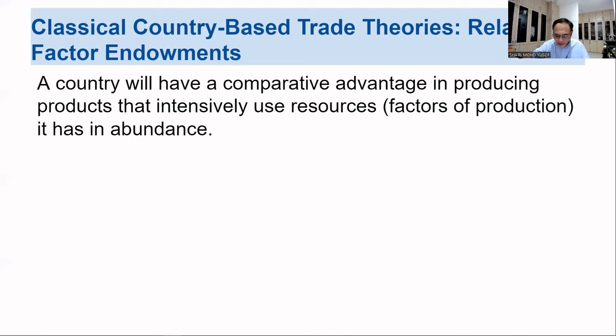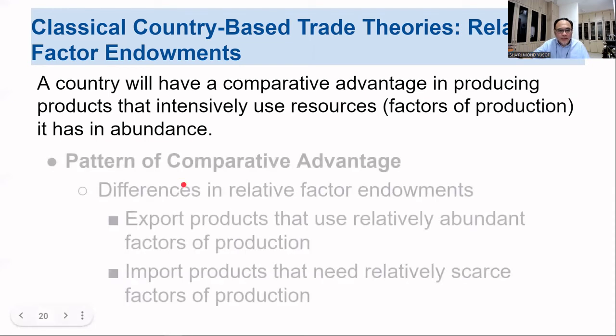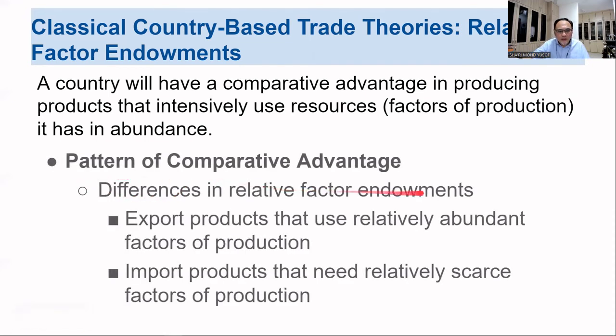That is called the pattern of comparative advantage. Differences in relative factor endowments mean countries export products that use relatively abundant factors of production and import products that need relatively scarce factors of production.